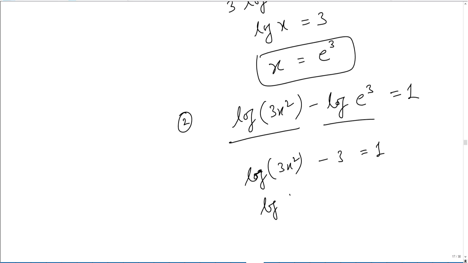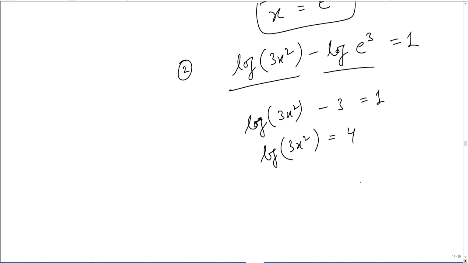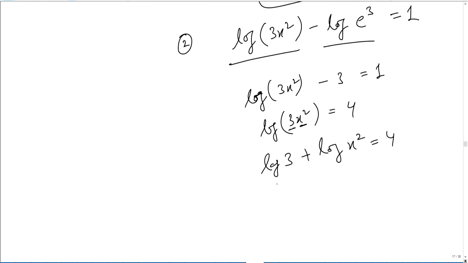So, log of 3x square is actually 4. What would be log 3x square? There are two terms multiplied here, 3 into x square. So, it would be log 3 plus log x square, and this is equal to 4. So, this is also some constant. So, we can write log x square equals 4 minus log 3, and you can solve this if you want.